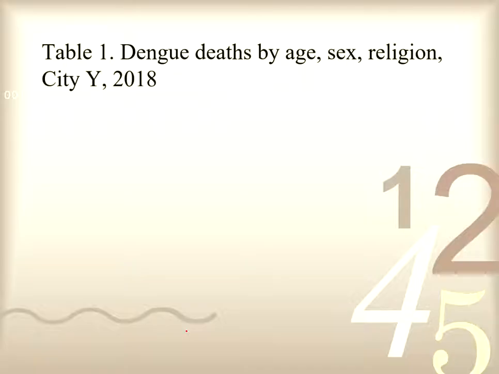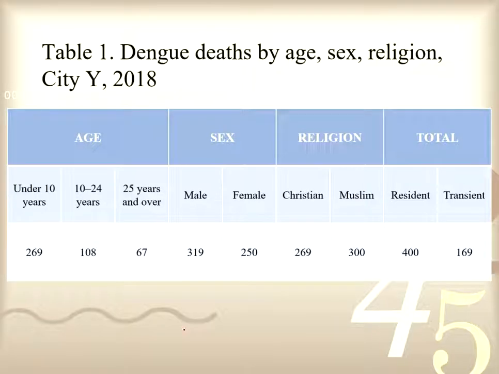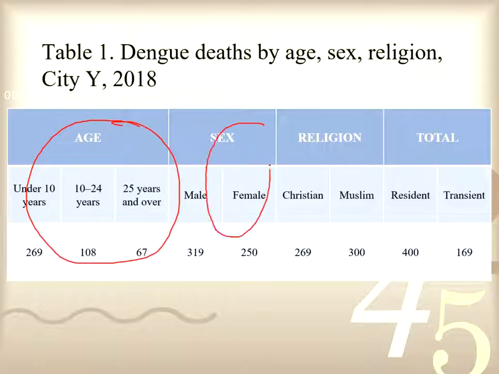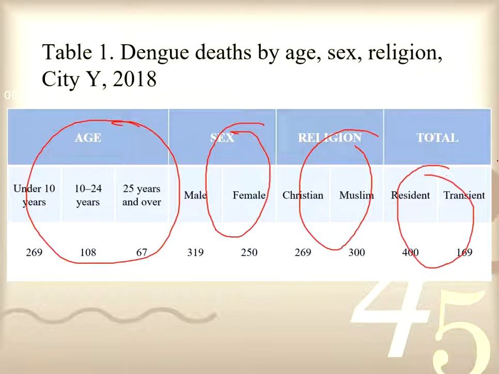So, types of data. Dengue deaths by age, sex, religion of CTYN 2018. So, ilan yung ating data dito? 4. Ilan yung data? 1, 2, 3, and 4.